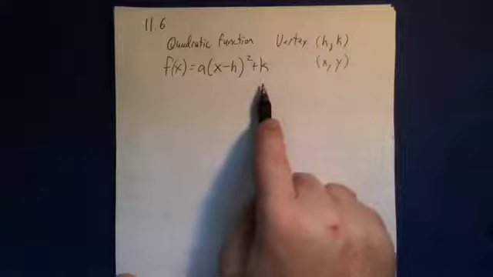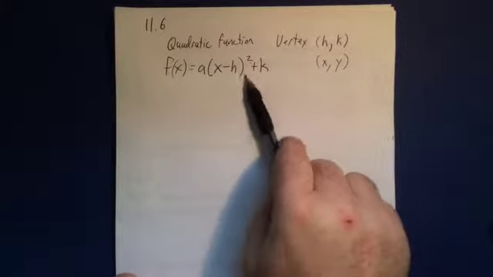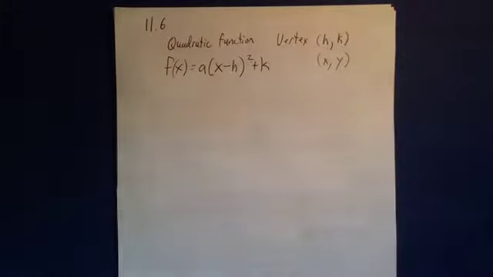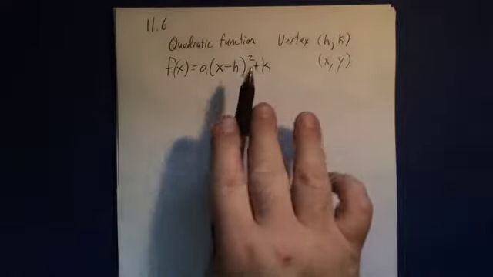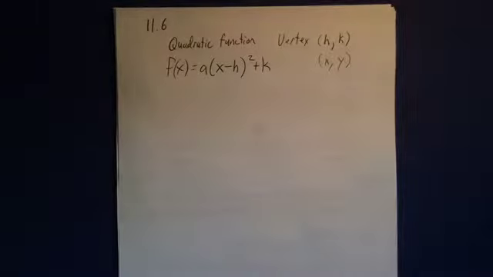But in section 11.6, we're going to have the quadratic equations already written in some variation of this. The information we get here is going to help us establish what the axis of symmetry is, what the vertex is, and also graphing the quadratic equation.